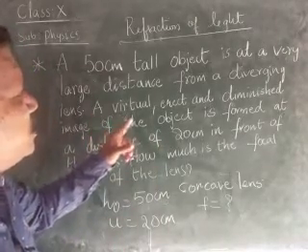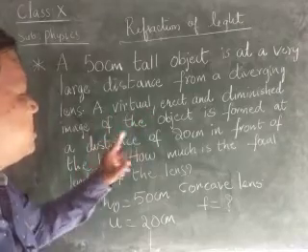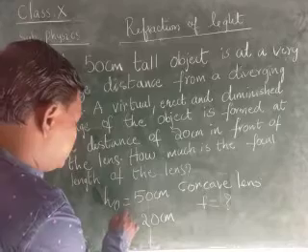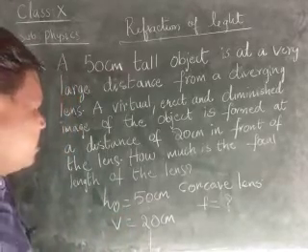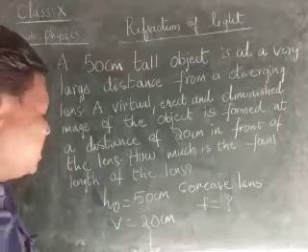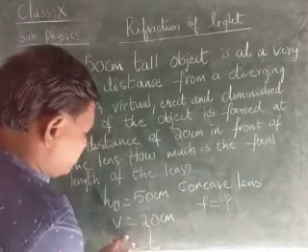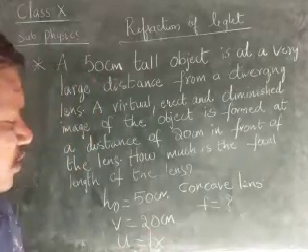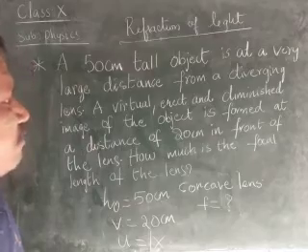A virtual, erect and diminished image is formed at a distance of 20 centimeter. That means here this is V. Now he is asking to find out the f, whereas u is not given. We should find u as well as the f, children.